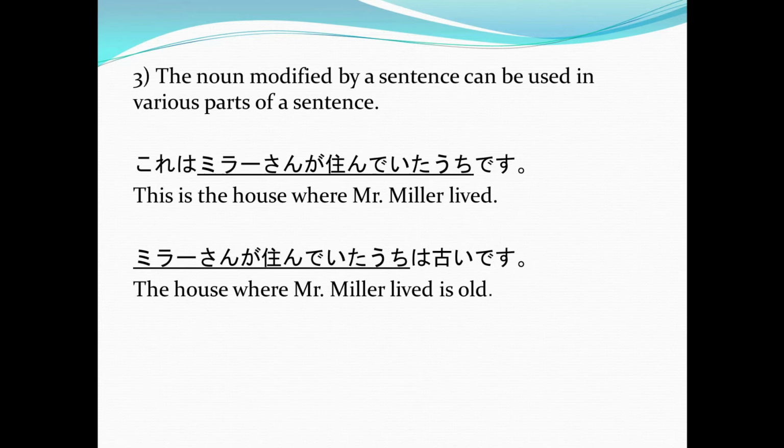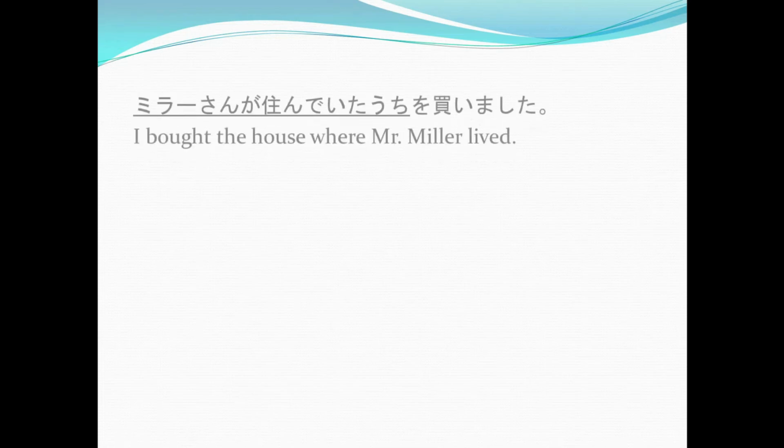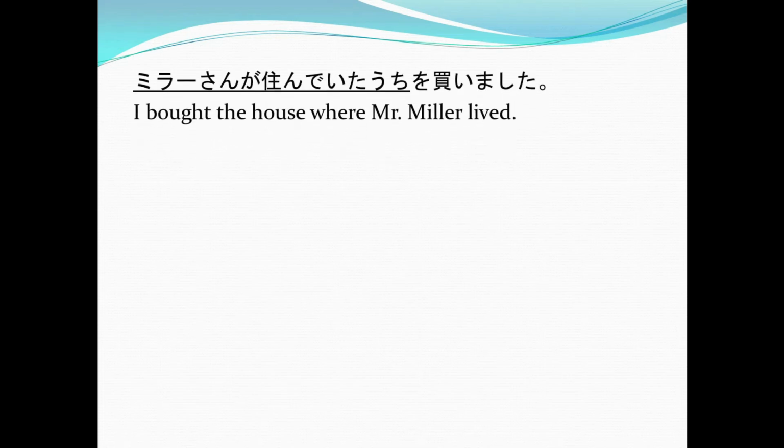Now, here are the other ways you can use the noun modifier sentences. So, again, we'll be using the Mira san ga sunde ita uchi, or the house where Mr. Miller lived. Listen to this. Mira san ga sunde ita uchi o kaimashita.